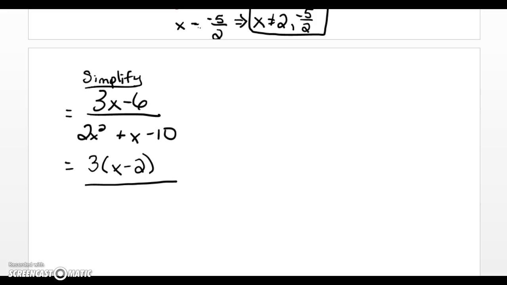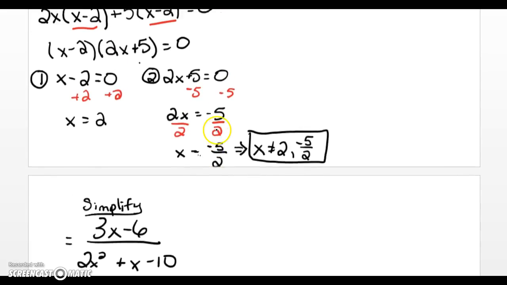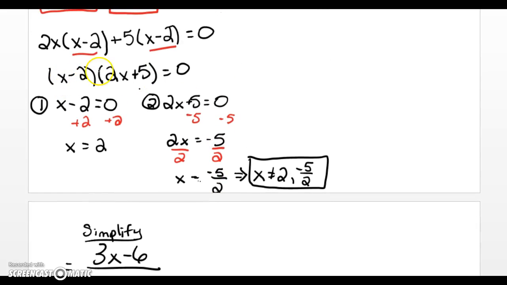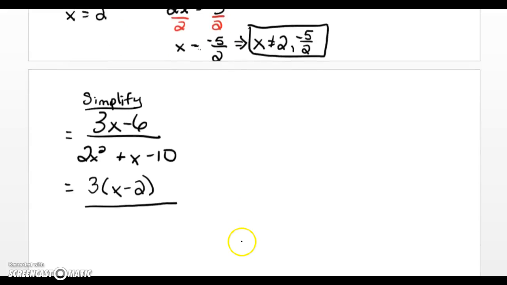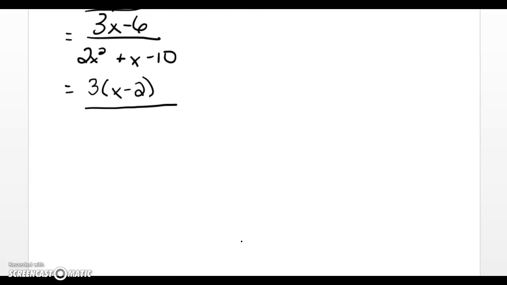Then looking at the denominator, we've already factored this using decomposition. Let's scroll back and see what we had, and rewrite the expression with those two factors. Here we had x minus 2 times 2x plus 5. These were the two factors when we factored that denominator: x minus 2 and 2x plus 5.